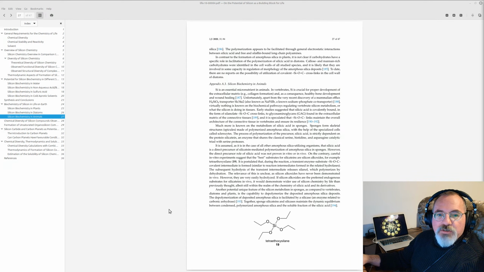Callose and mannan-rich carbohydrates were identified in the cell walls of all studied species, and it is likely that they are involved in some capacity in the regulation of morphology of the amorphous silica deposits. To date, there are no reports on the possibility of utilization of covalent silicon-oxygen-carbon crosslinks in the cell wall of diatoms.